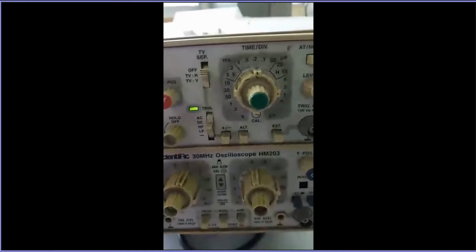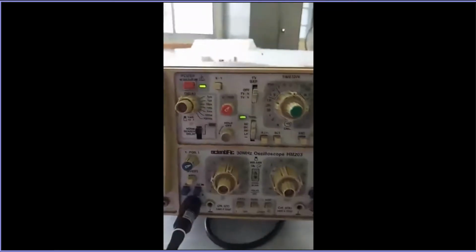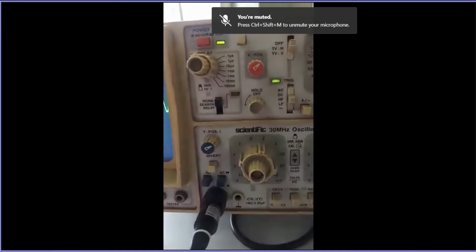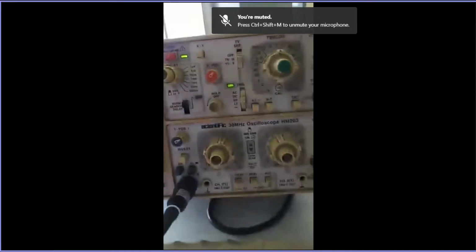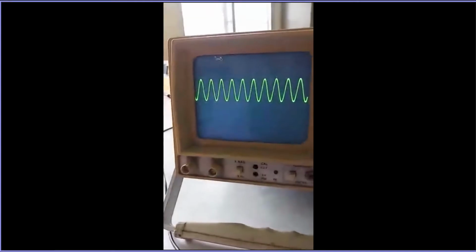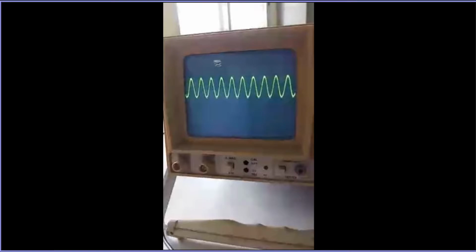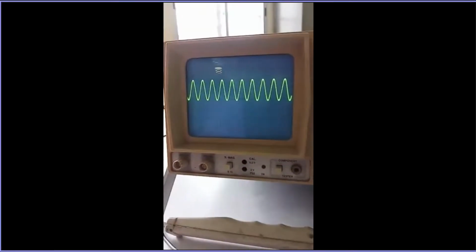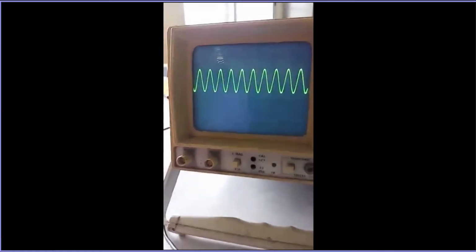So the conversion value will give you the same frequency. Check at 5 kilohertz. 5 kilohertz second order. Okay, now show fourth order.